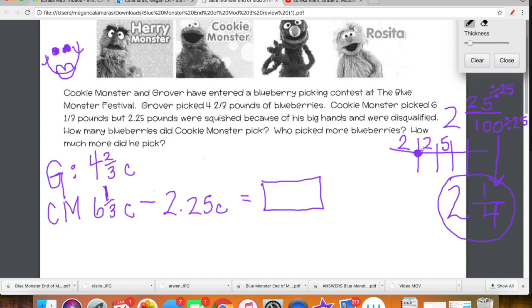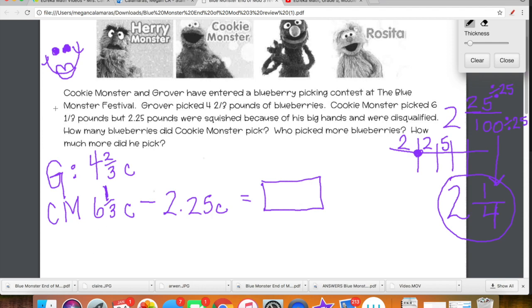The decimal version of 2 1/4 is 2.25. These all represent the same amounts, okay? Did we have to transfer 2 25/100ths into 2 1/4? No. But I just personally think that 2 1/4 is a little bit easier to deal with than 2 25/100 was. Okay, so now we can rewrite our expression.